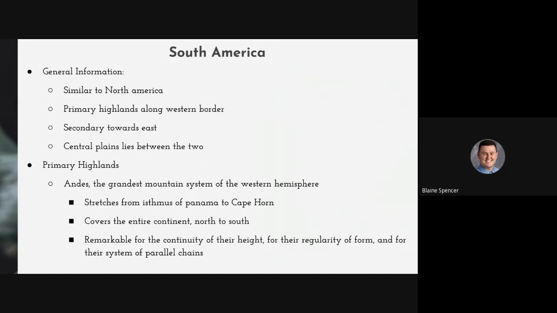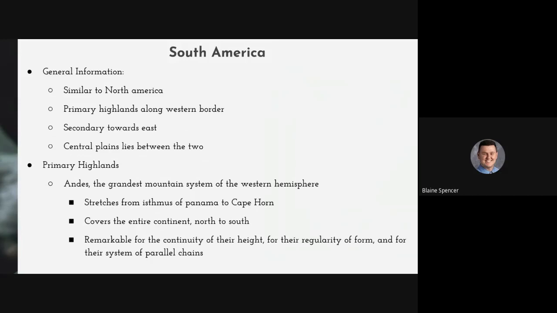First off, it is similar to North America. We see that North America and South America are going to have similar elements. South America is going to follow the general laws of continental relief pretty closely, just like North America. The primary highlands are going to be along the western border, just like North America was.